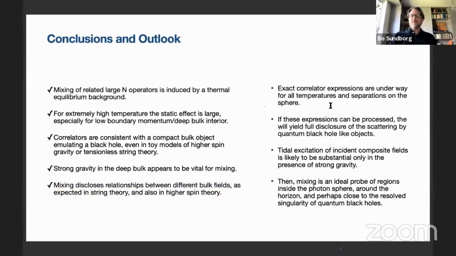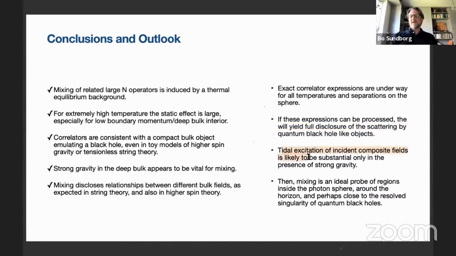Now, for the outlook, we don't yet have the exact correlator expressions for all temperatures and separations, but they are underway. If these expressions can also be processed, it will actually yield us complete information on the leading scattering process by quantum black hole-like objects.